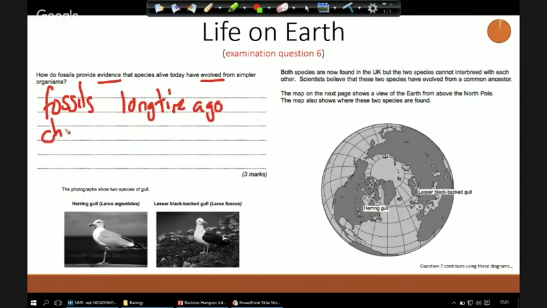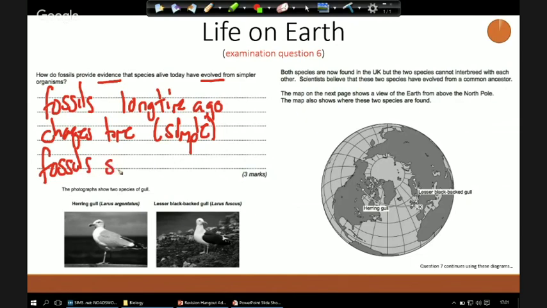We see changes over time. Older organisms are simple. But the fossils do remain similar, so we can see with present day species some similarities, but the old ones do have significant changes, which essentially give you a timeline of how they've changed.